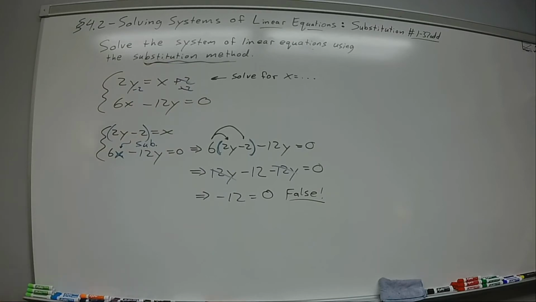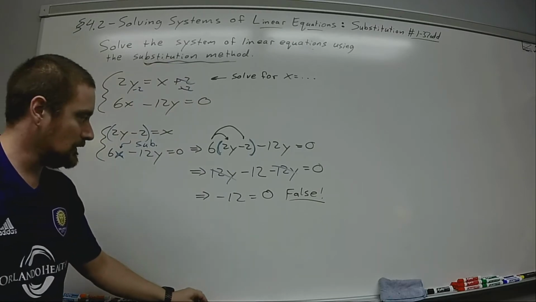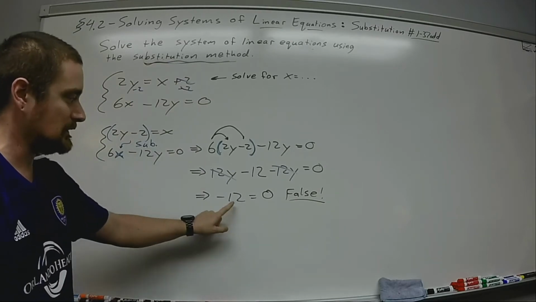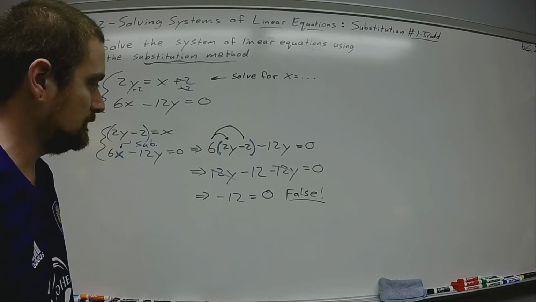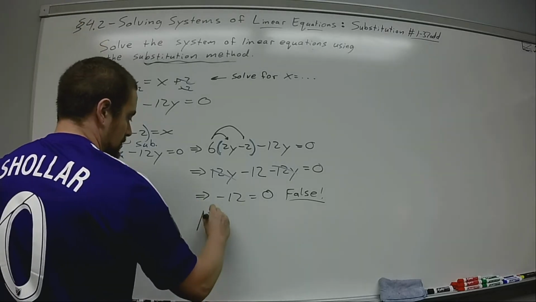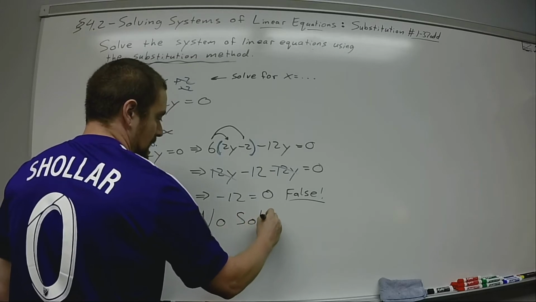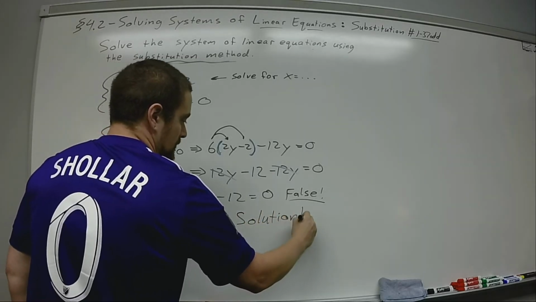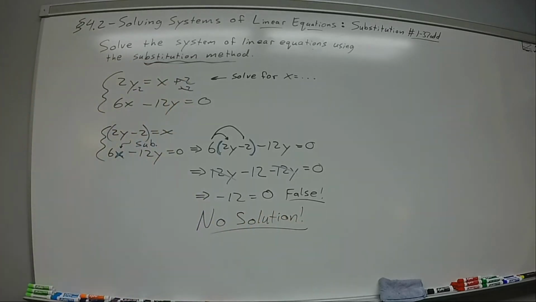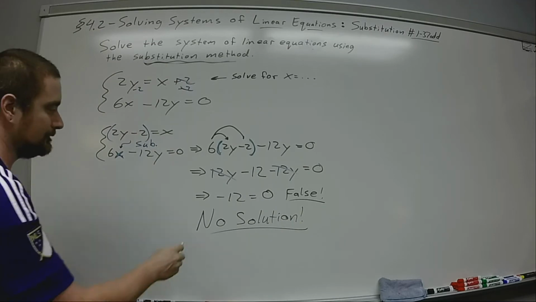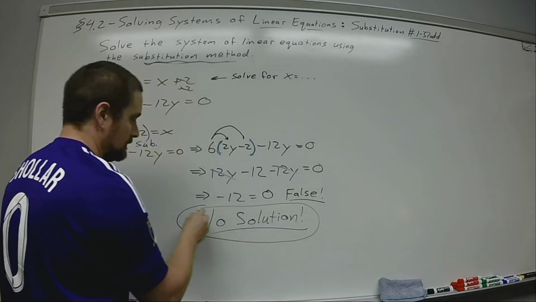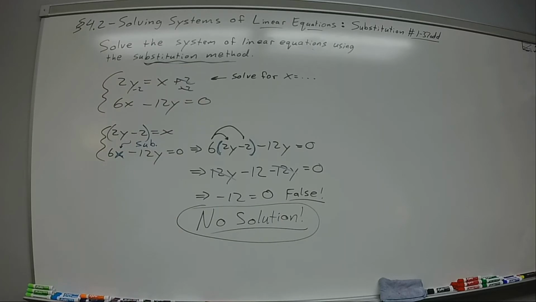We used to see this happen before when we solved linear equations. Whenever we got some nonsense like this, negative 12 equals 0, no it doesn't, we would say that there is no solution. And the same thing is happening with this. This system of equations has no solution whatsoever. So that is our final answer. There is none. We can't find a solution to this system.